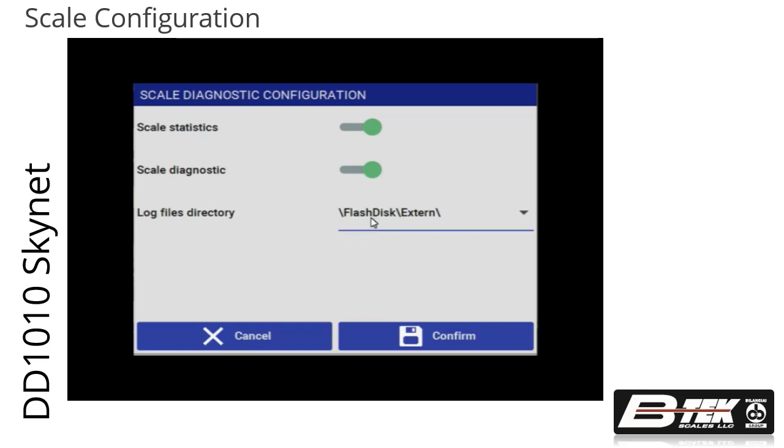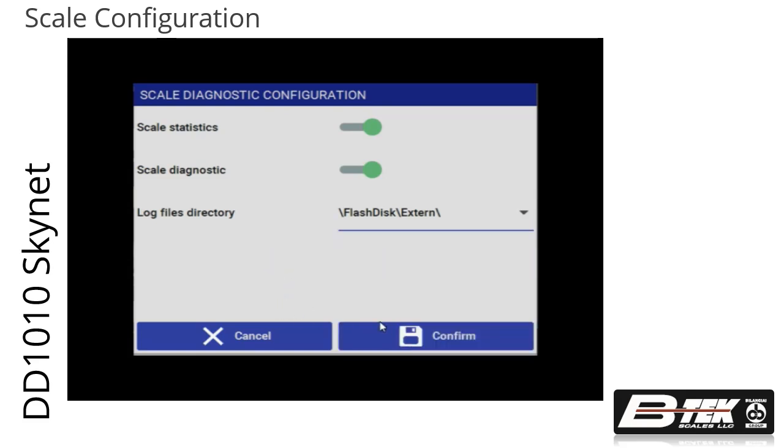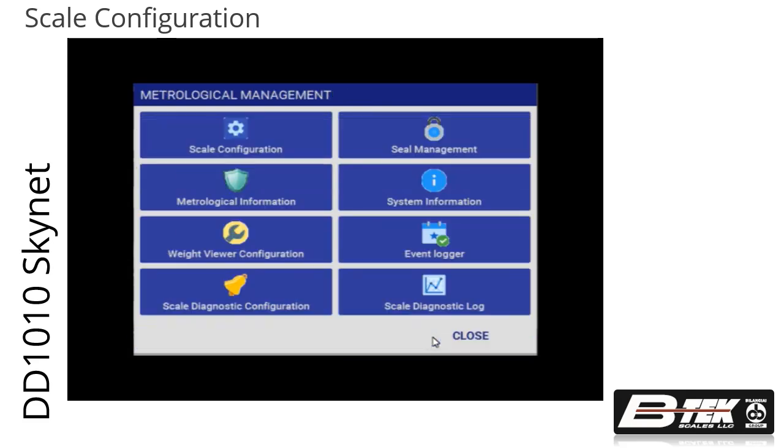Flash disk extern is saving it internal to the CPU. You can also select a hard disk or a secondary hard disk that's plugged into the back of the USB ports. Press confirm and it'll exit.